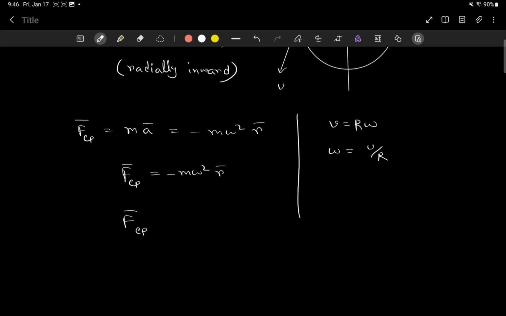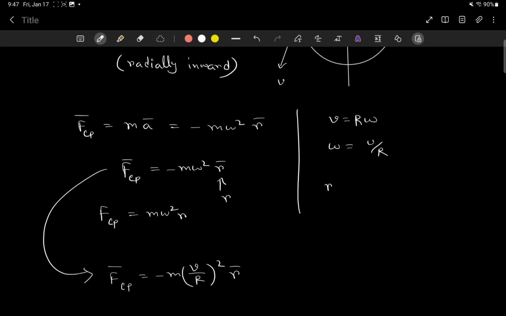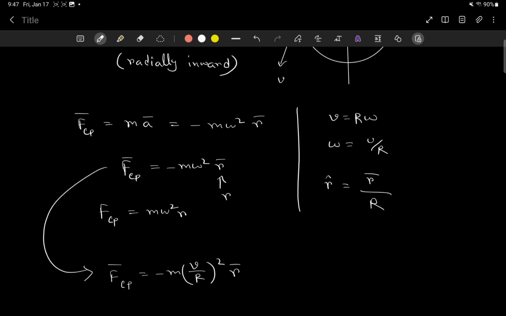Now the magnitude of the force Fcp will be equal to m omega squared r. In this equation we can substitute omega equal to v divided by r. For the radius vector, the unit radius vector is equal to the radius vector divided by its magnitude, which is the radius r.